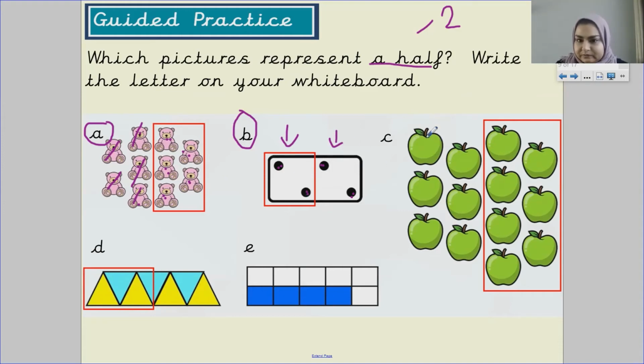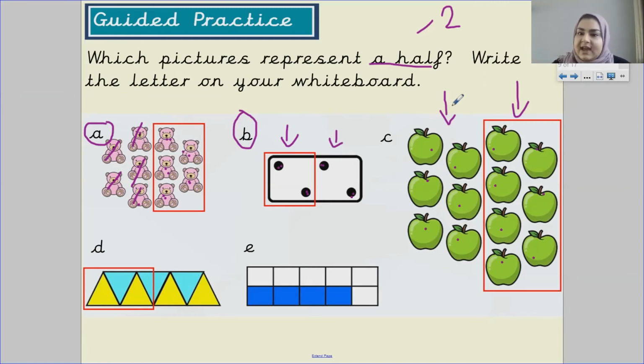Now, with C, I have 1 part here and 1 part there. First, I'm going to count all my apples. So let's count them. 1, 2, 3, 4, 5, 6, 7, 8, 9, 10, 11, 12, 13. So I have 13 apples in total.